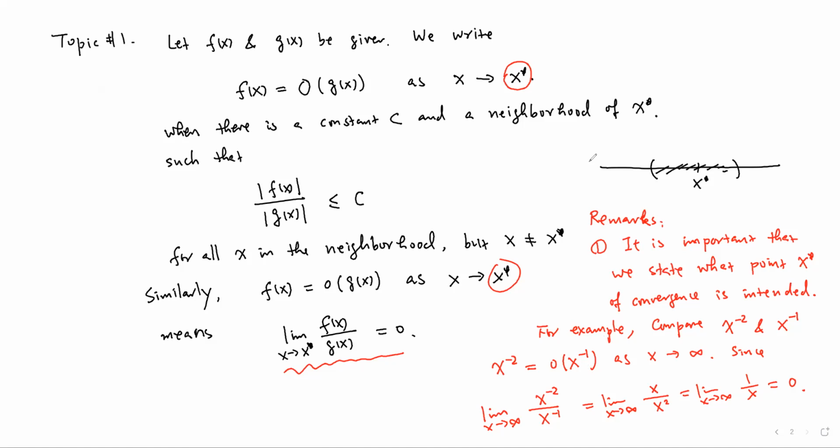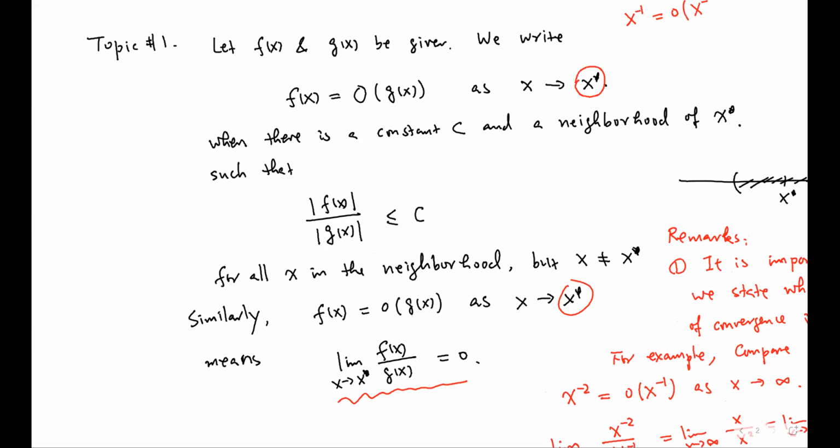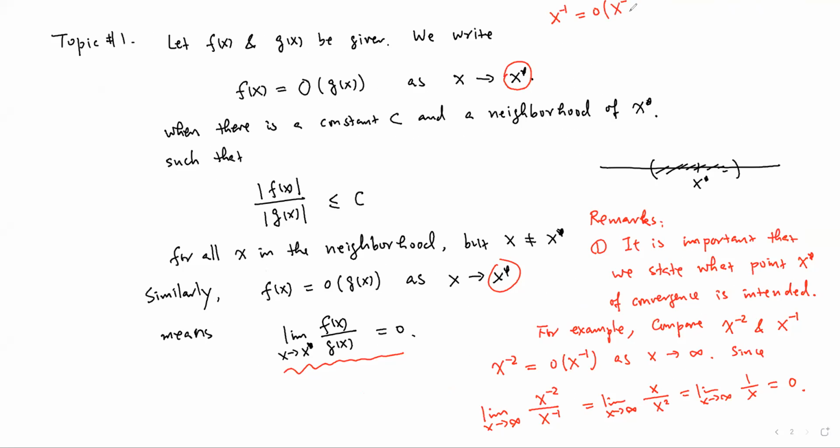However, if I pick x star to be 0, then we have x to the -1 is little o of x to the -2 as x approaches 0.